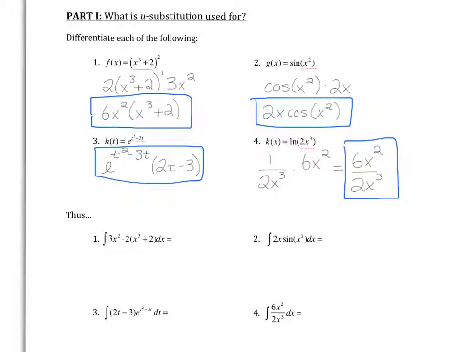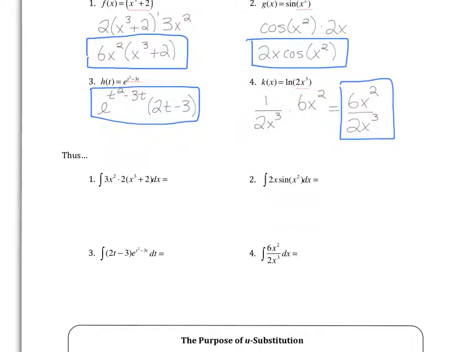And so that's exactly what I'm getting at in the thus part here, right? Because the expressions in blue are the derivatives of the functions listed in numbers 1 through 4, the functions listed in 1 through 4 are the antiderivatives of the expressions in blue. And that's exactly what I've given you right down here.